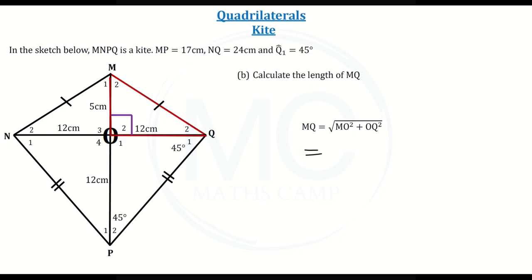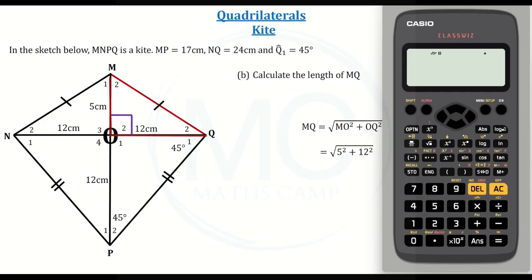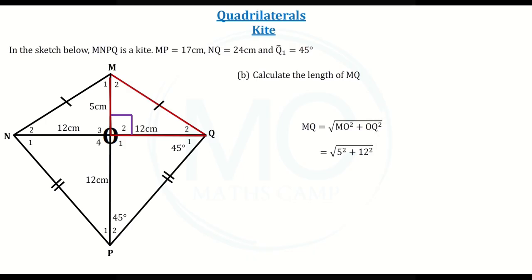We know that MO is 5 centimeters, so we say 5 squared, plus the length of OQ, we know is 12 centimeters, so we say 12 squared, all under a square root. Now we can take our calculator and we say the square root of 5 squared plus 12 squared is equal to 13. This is the length of MQ, and we have now completed this question.